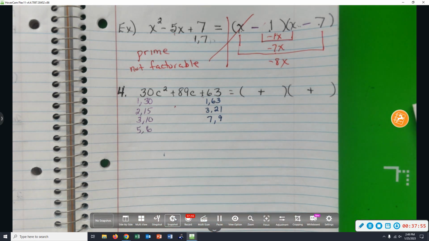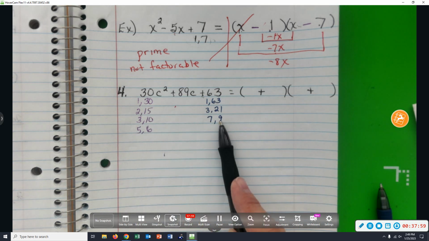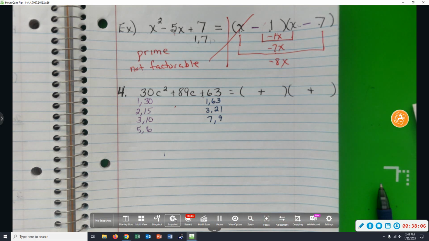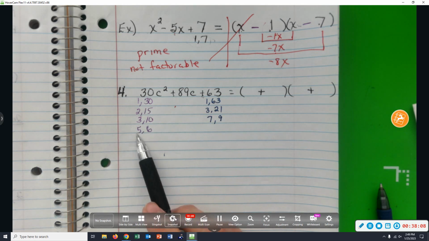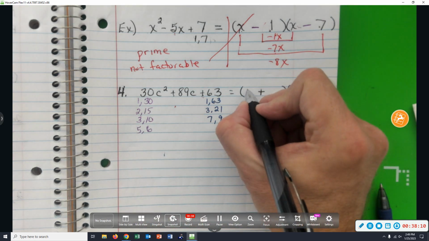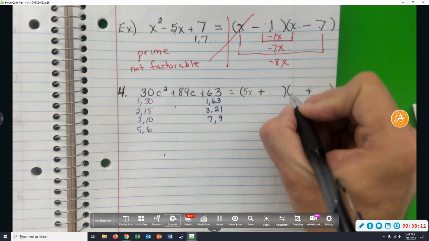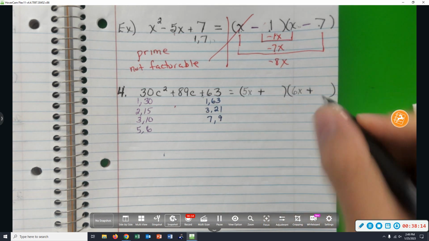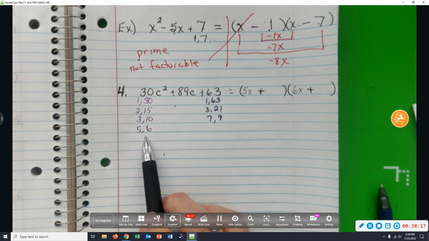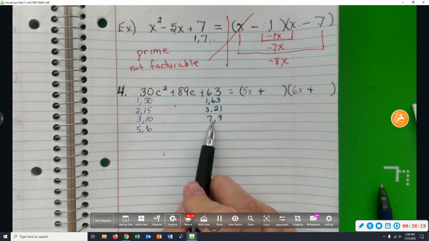But one thing we know for a fact is you can't have a 6 and a 9 in the same set of parentheses. Why? There'd be a common factor. So I'm going to try 5x and 6x. I'm going to start with 5 and 6 and see if I can pair it with the 7 and 9.